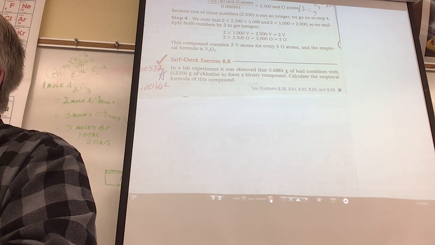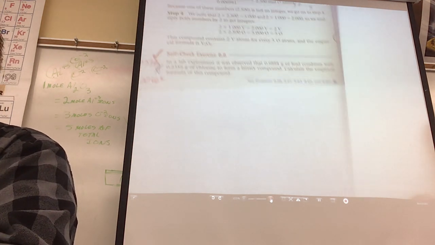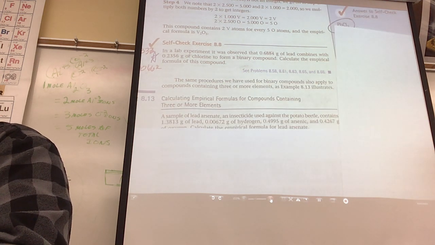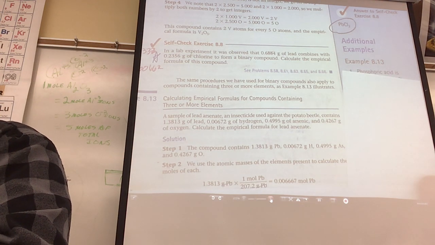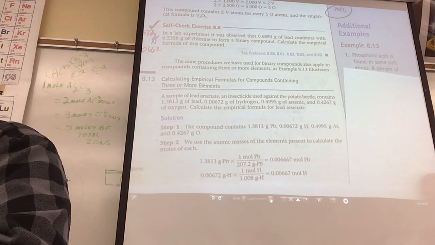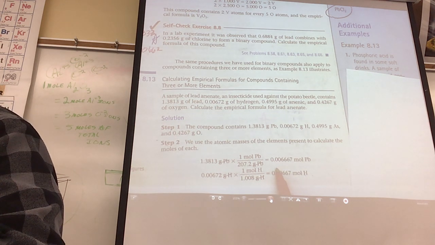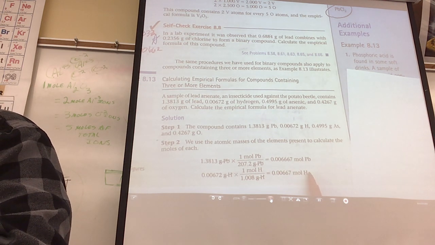Everybody stop. Right now, you should be pretty much done. So let's see what happened. And if you're not done, find out where you're at. Now, the first thing, I'll show you some of what the author got here. When you did factor label, they got this many moles of lead. So if you got 0.00667 moles of lead, then that was good.